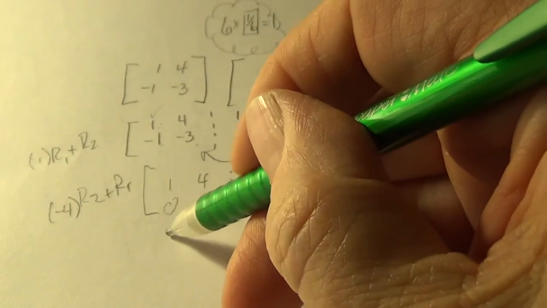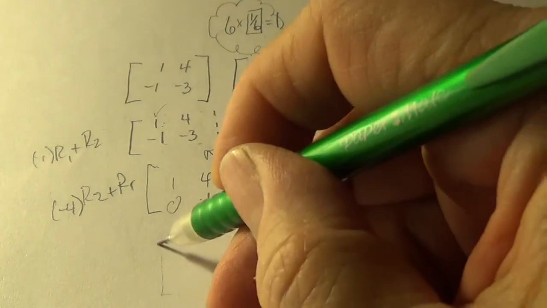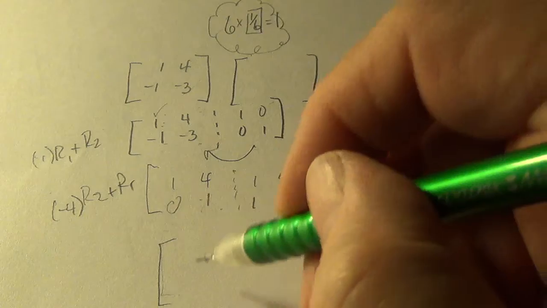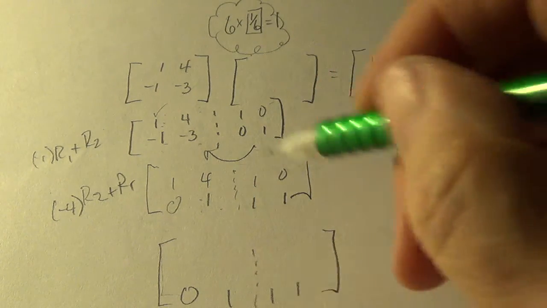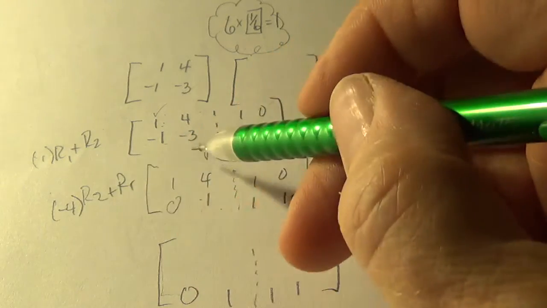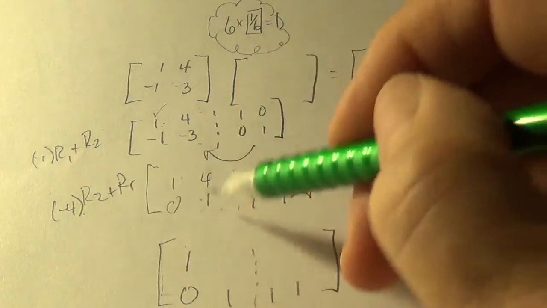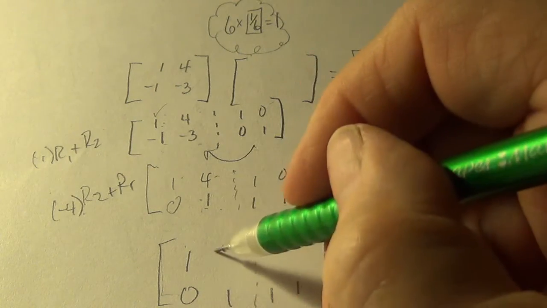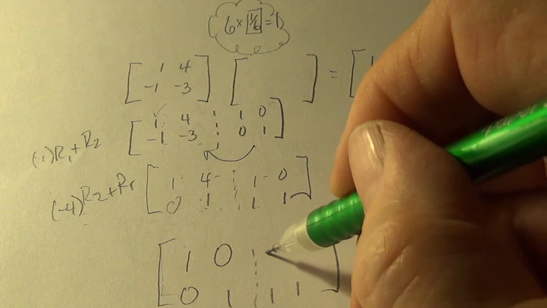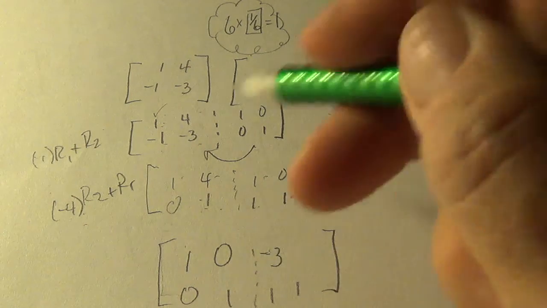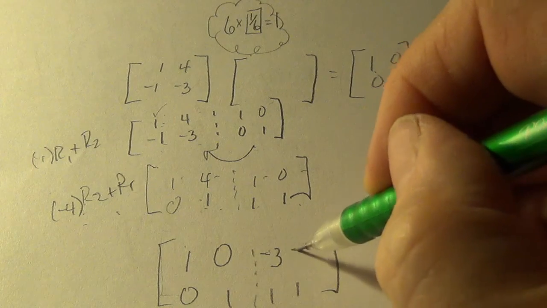So this time, when I rewrite the matrix, I'm going to put in row 2, unaltered. Well, -4 times row 2 plus row 1. -4 times this plus that is a -3, and -4 times this plus that is a -4.